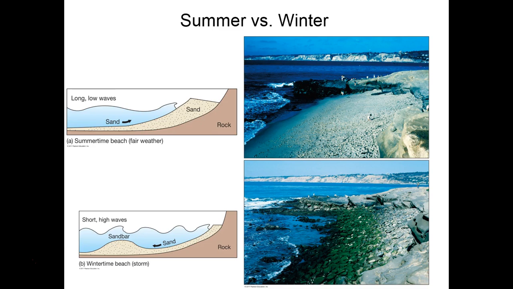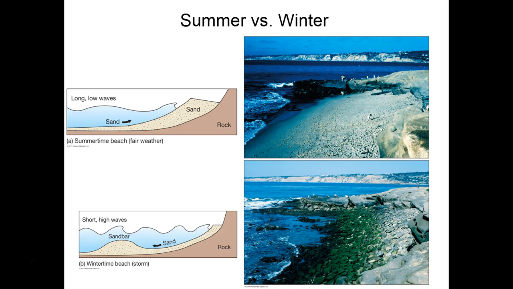And in the wintertime, when you have very heavy wave activity, that's dominated by backwash, because when the waves come in, some of the water seeps into the sediment, but because so much wave activity is occurring, the sediment cannot dry out between waves, and therefore once the sediment is saturated, it can't take in any more water.